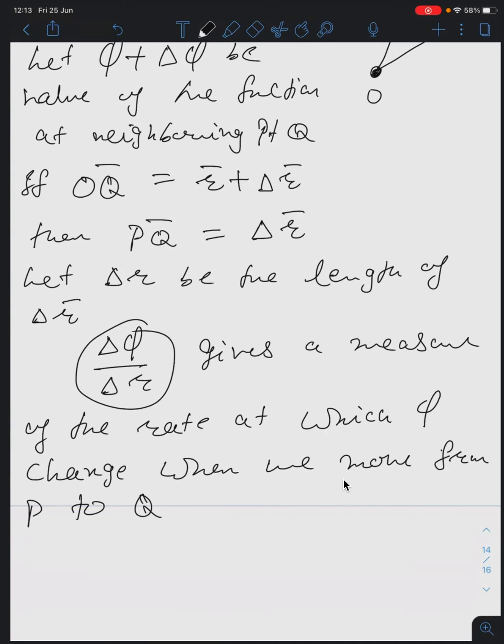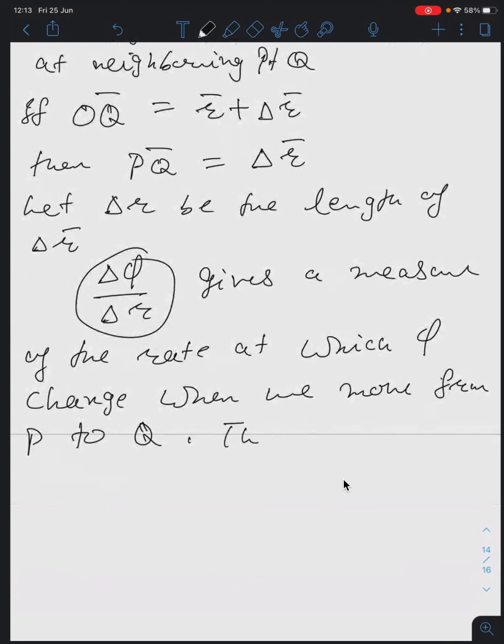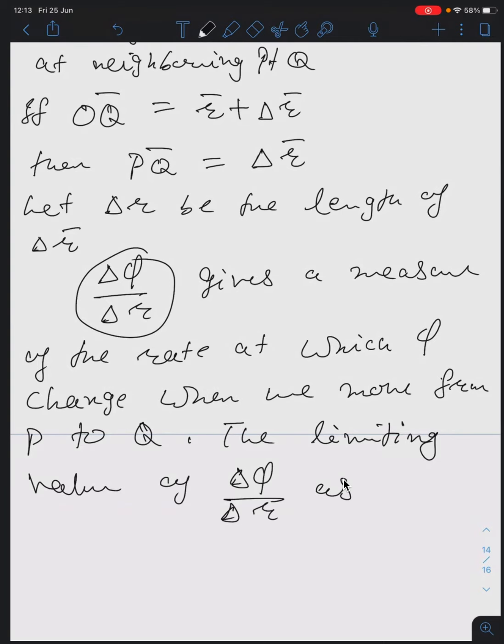So the limiting value of del phi by del R as this del R tends to 0 is called, what does it call?